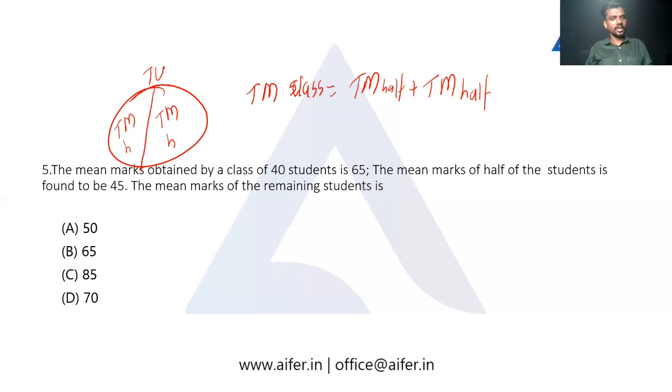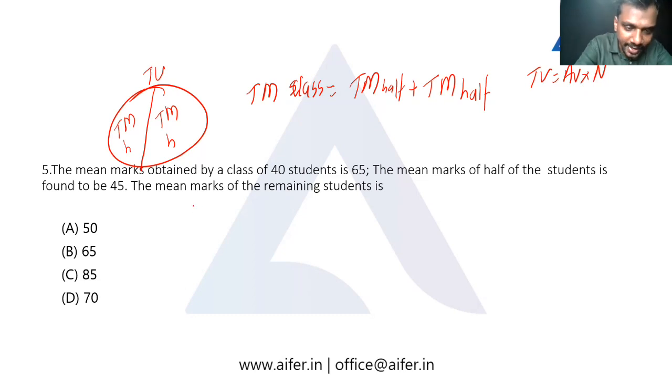Total marks scored by students of the class will be the total marks scored by the first half plus the total marks scored by the second half. So what's the equation for the total value? Total value is equal to average into number of observations.